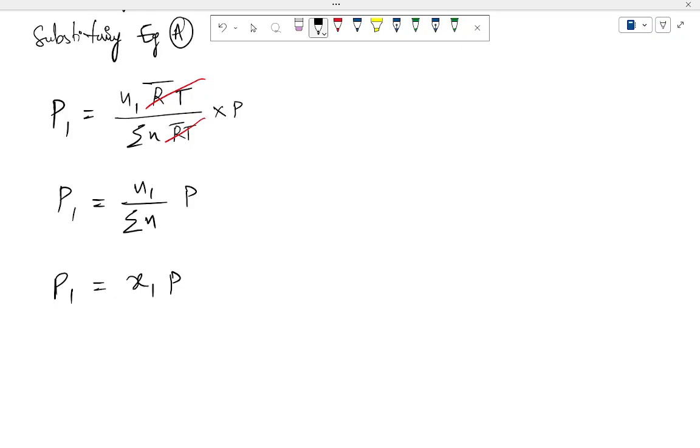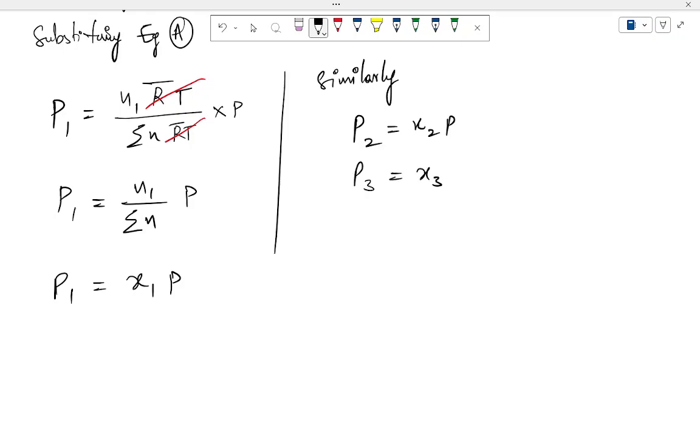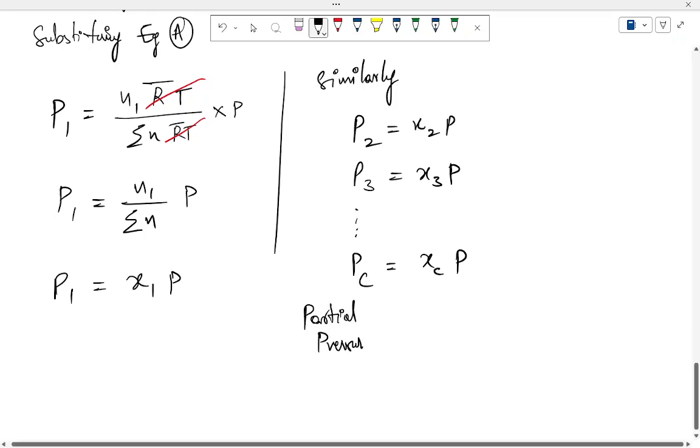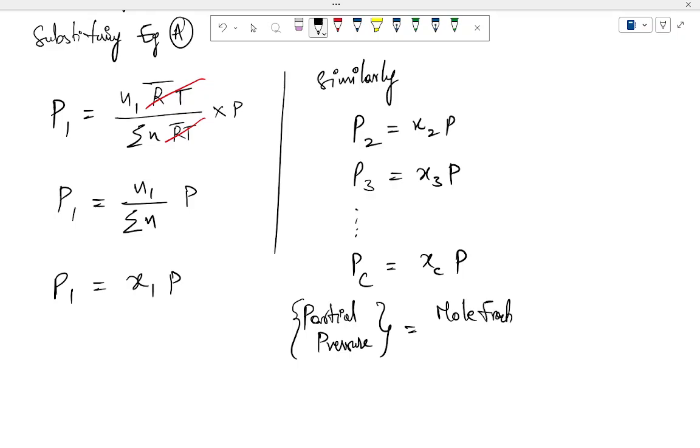Similarly, you will get the expressions for the remaining partial pressures: P2 equal to x2 P, P3 equal to x3 P, and so on, until Pc is equal to xc P. So on the left hand side I have my partial pressures, which is equal to the mole fraction into the total pressure.